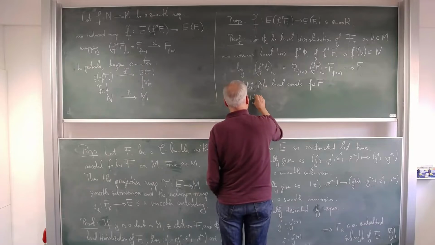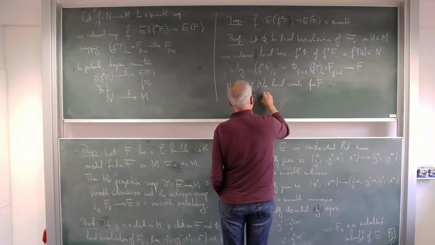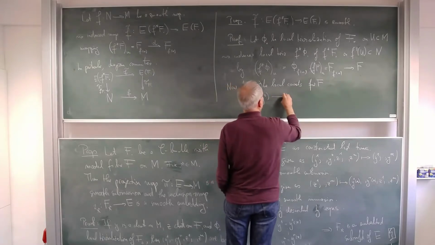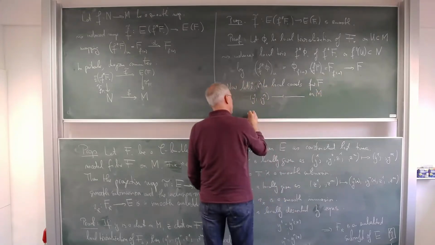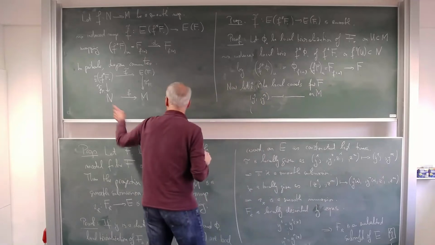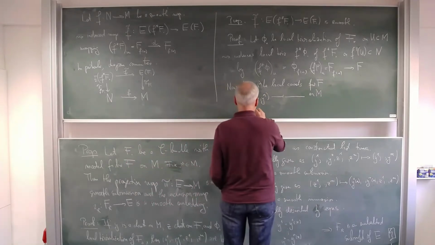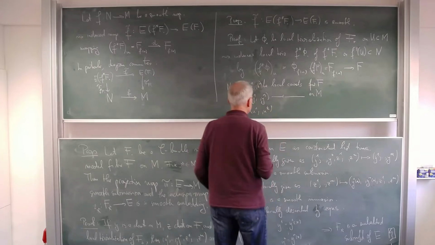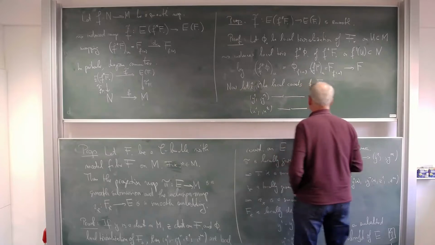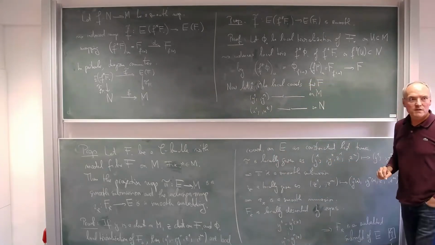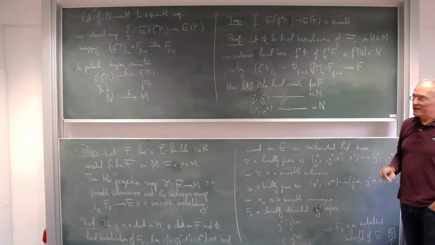And y1 up to yn are local coordinates on the manifold M as before, and in addition now I have local coordinates on N, u1 up to uk, let's say the dimension of N is k. And then we get induced coordinates on both total spaces.